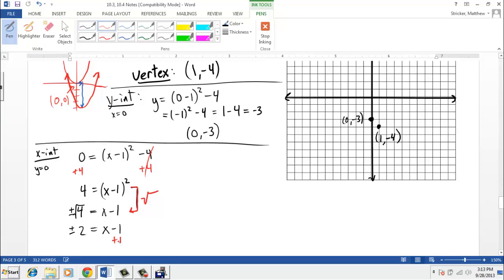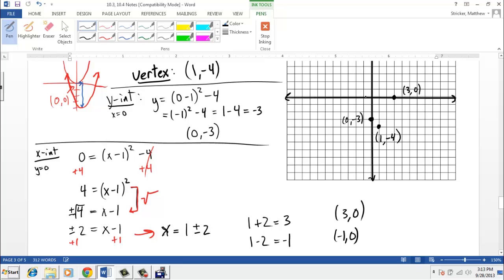And lastly, if we add 1 to both sides, this gives us that x equals 1 plus or minus 2, which is 1 plus 2, which is 3, or 1 minus 2, which is negative 1. So we have the points 3, 0, and negative 1, 0. Then using our symmetry, we also have the point 2, negative 3.